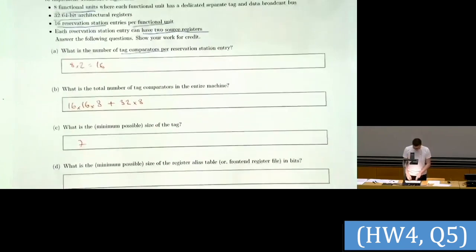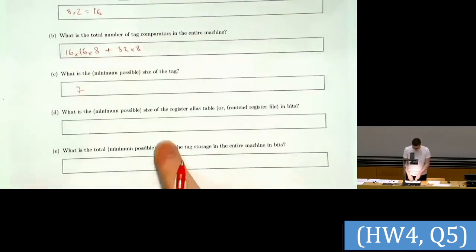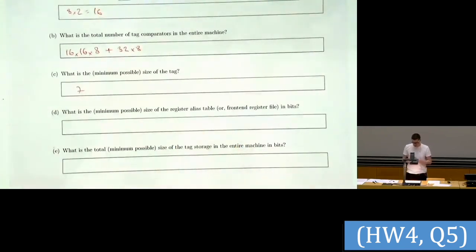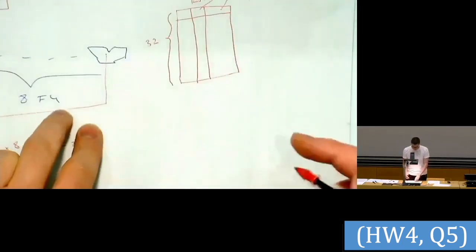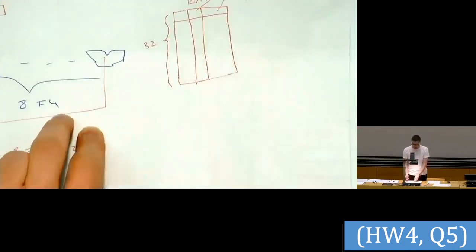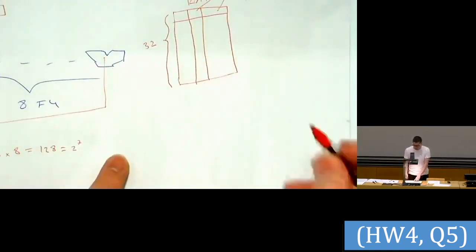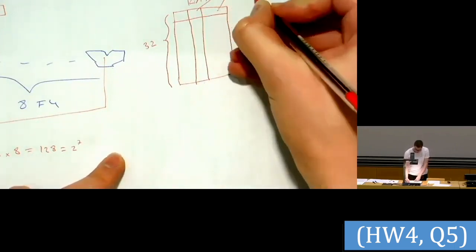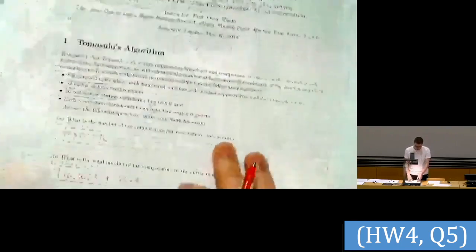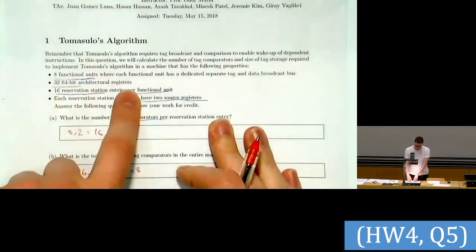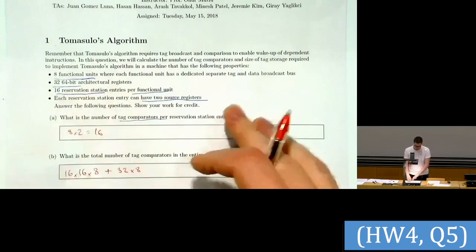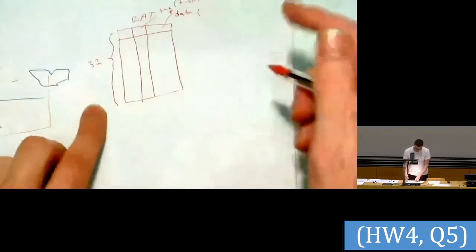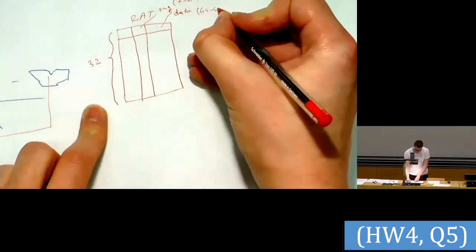Okay. And then what is the size of the register alias table in bits? So the register alias table should look something similar to this thing here that I drew, right? We know the tag should be at least 7 bits. And then the data is given in the question. The architectural registers are 64 bits wide, so per entry, we will need 64 bits.